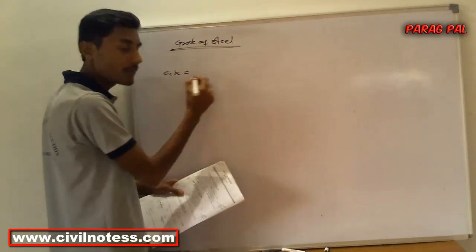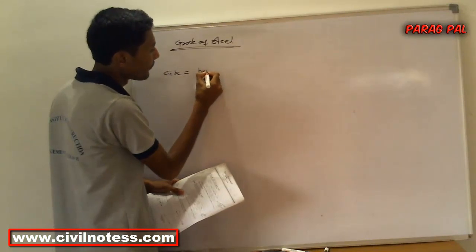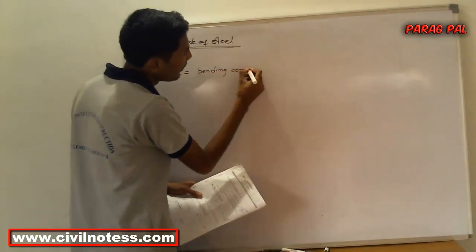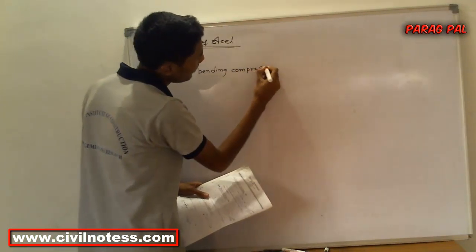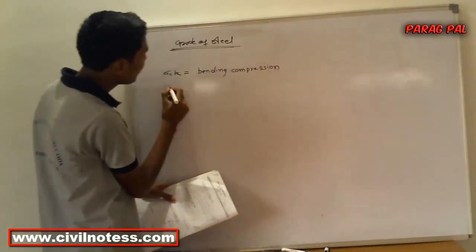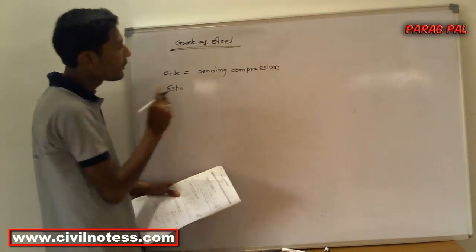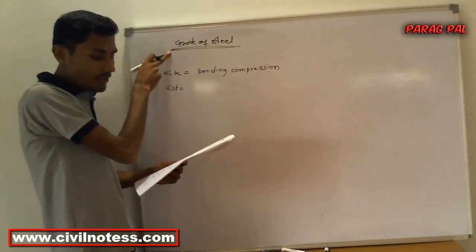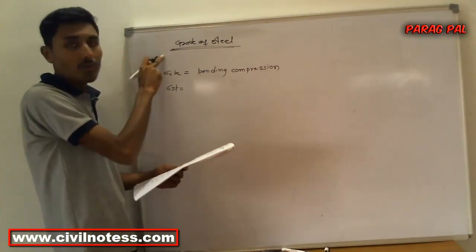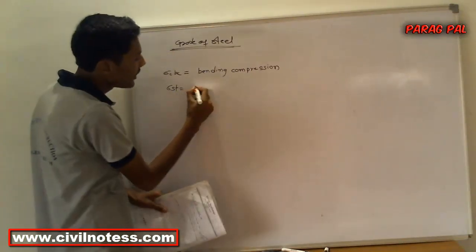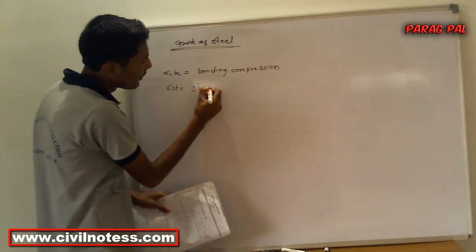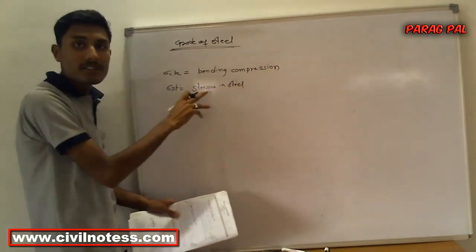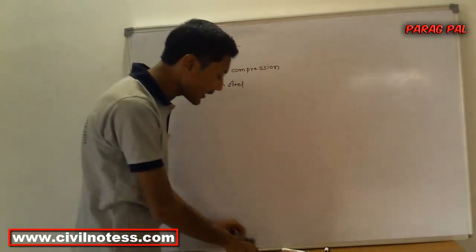And sigma ST is the permissible stress in steel. So these are the two important parameters in the working stress method.